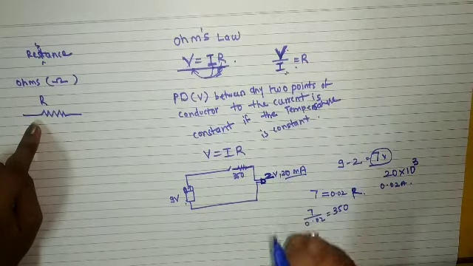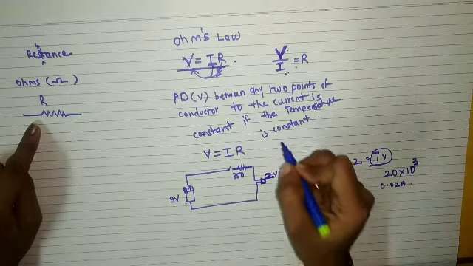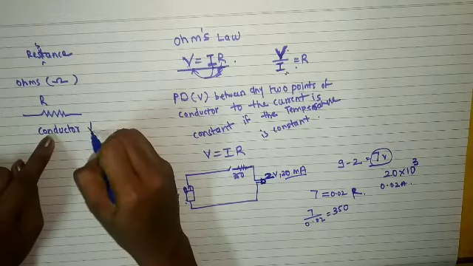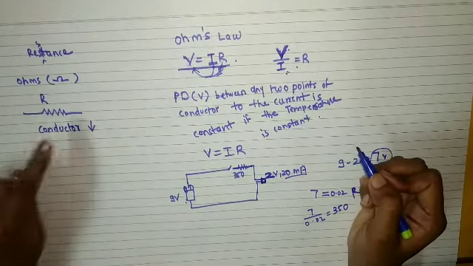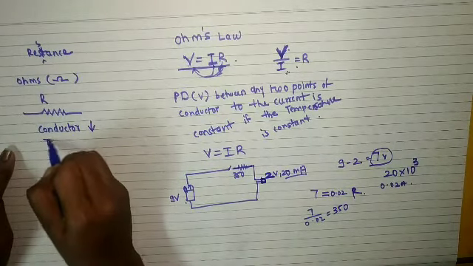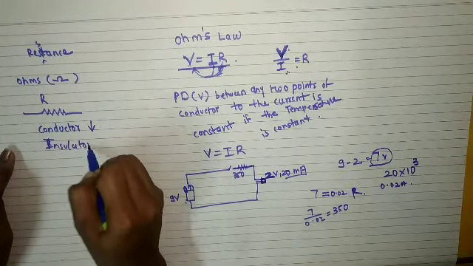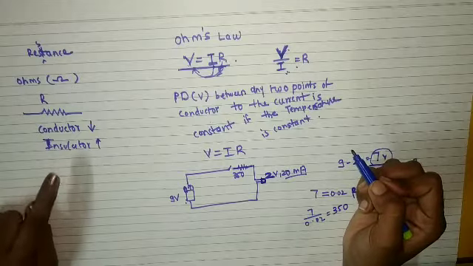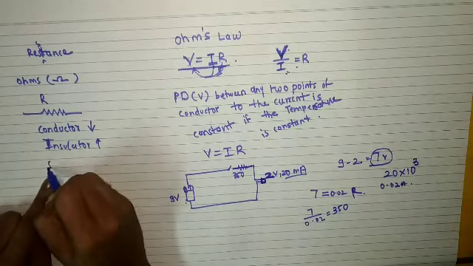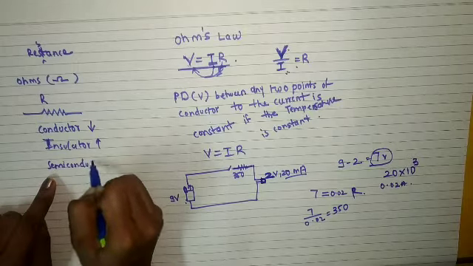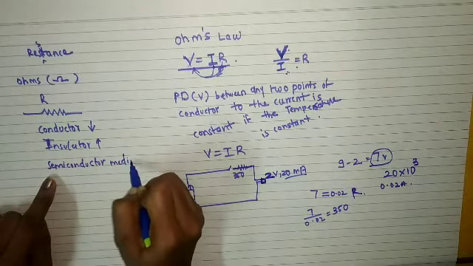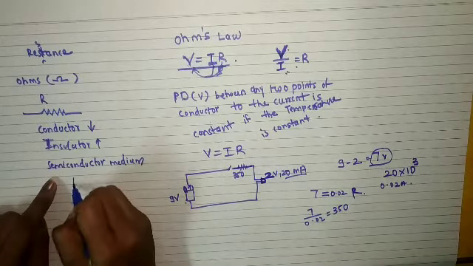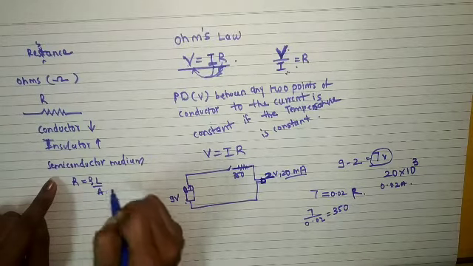Resistance of a conductor, as I said earlier, is low, resistance of an insulator is high, and resistance of a semiconductor is medium. And the mathematical expression for resistance, as we learnt earlier, is R is equal to rho L upon A.